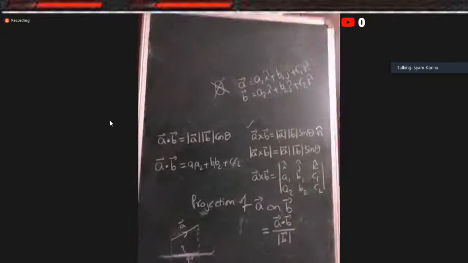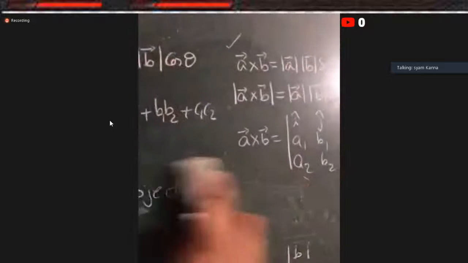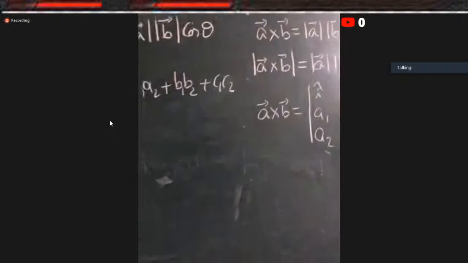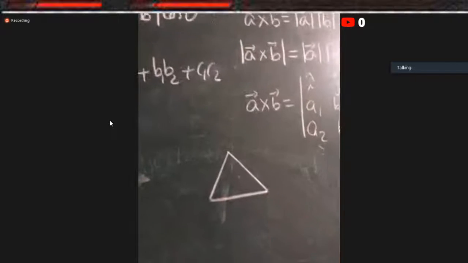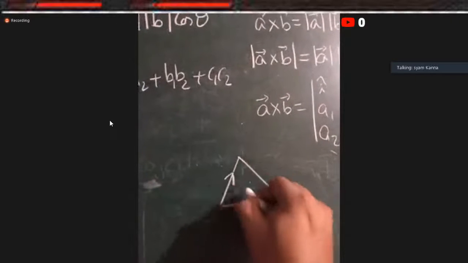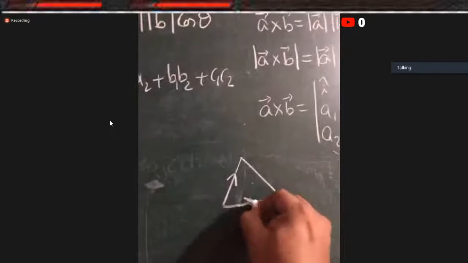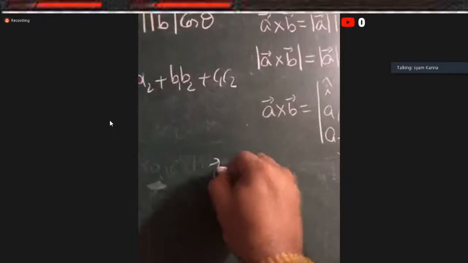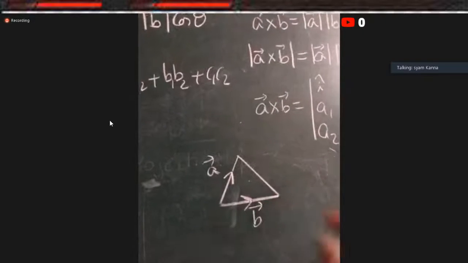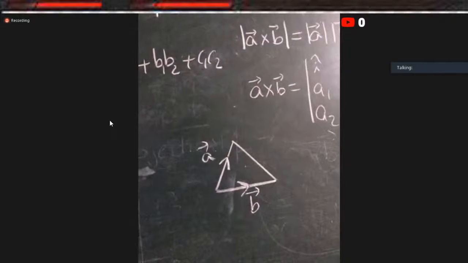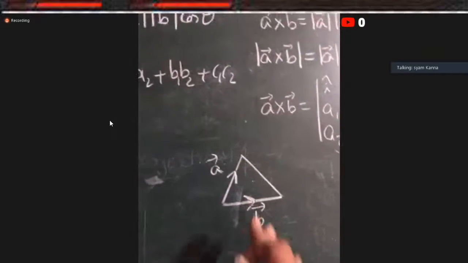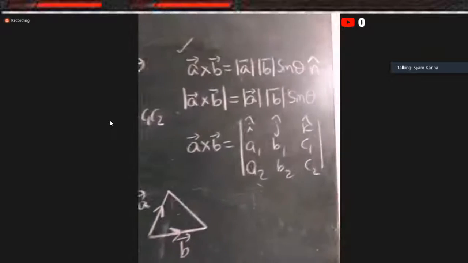Okay. Next. Suppose there is a triangle like this. These are the two sides. Suppose one is A bar and the other is B bar. So two sides are given as A bar and B bar.